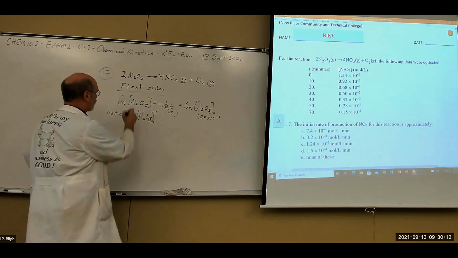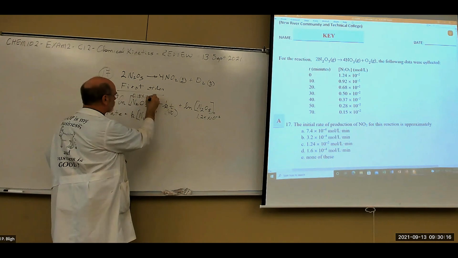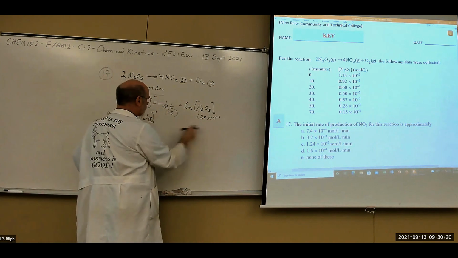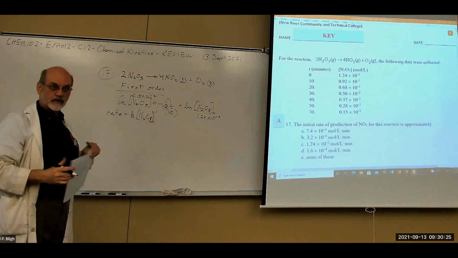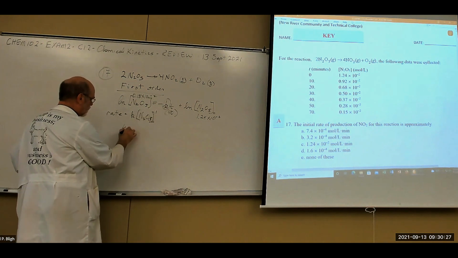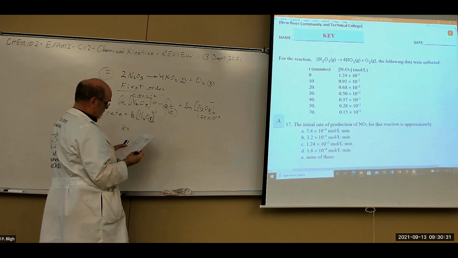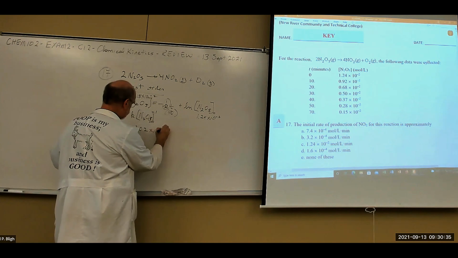Well, that's 0.15 times 10 to the minus 2. Now that puts a value here, a value here, and a value there, and there's your unknown. So you can solve for K. And if you solve for K, you should get 3.02 times 10 to the minus 2.